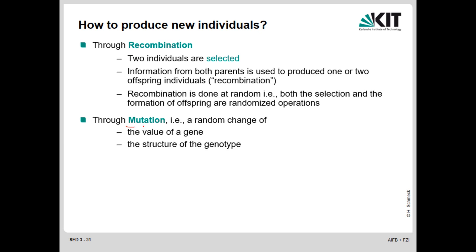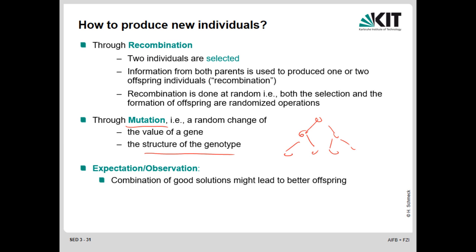And then we have mutation, where we perform a random change of a value at some position, the value of a gene in the genotype, or we could also modify the structure of a genotype. So if you have, for example, a tree structure, then certainly you could modify the structure by mutating such a genotype.